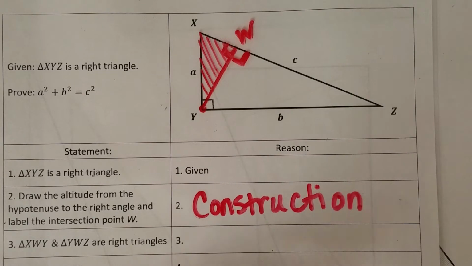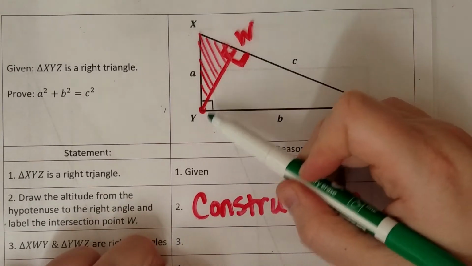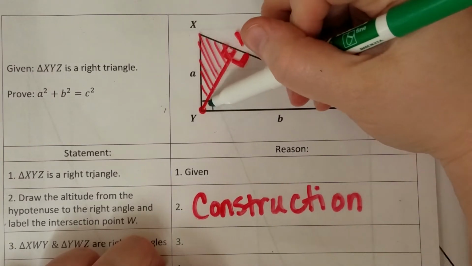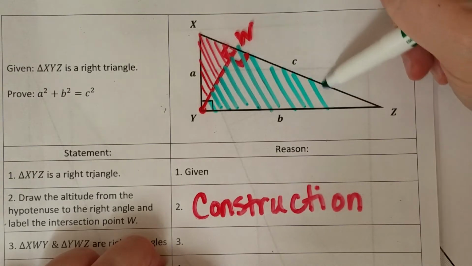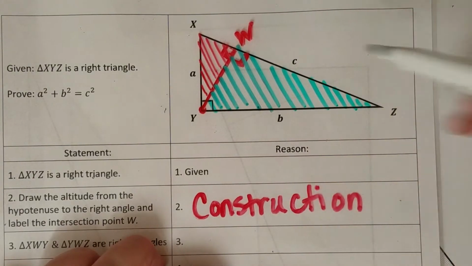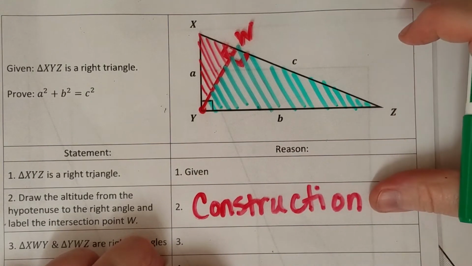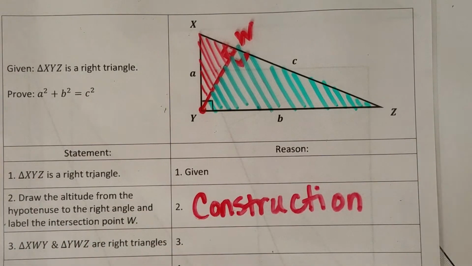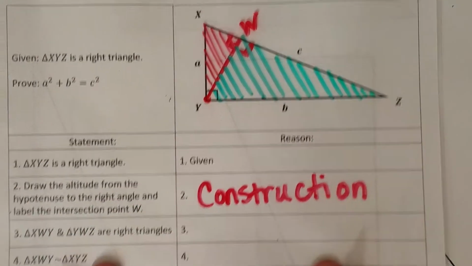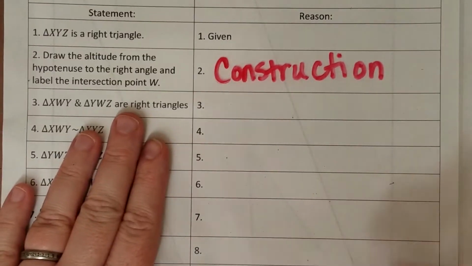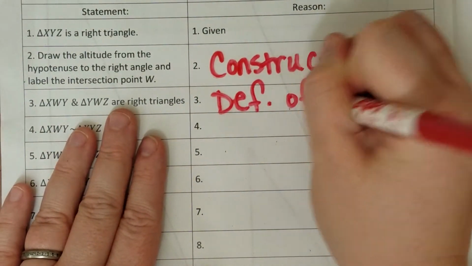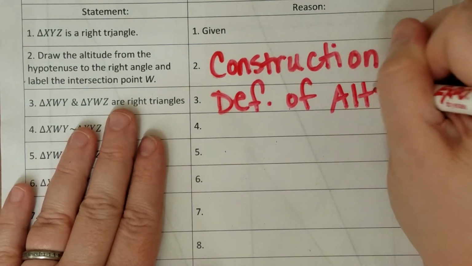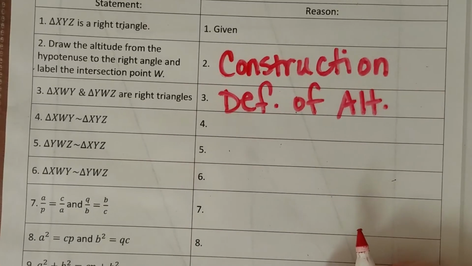So YWZ is the other smaller triangle that I'm just going to color green here to make it stand out a little bit better. And that is also a right triangle because, of course, there's that 90-degree angle that is constructed by the altitude. So we're going to say that these are right triangles by the definition of an altitude because that required us to construct a 90-degree angle, which in turn made those two triangles right triangles, right?